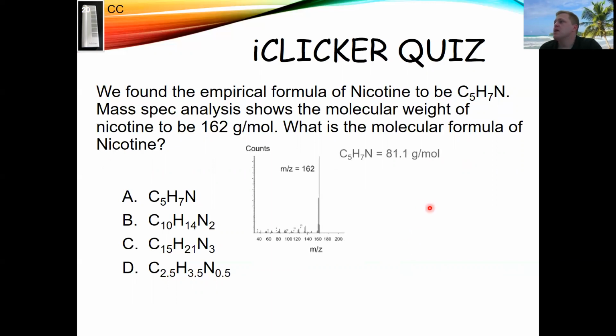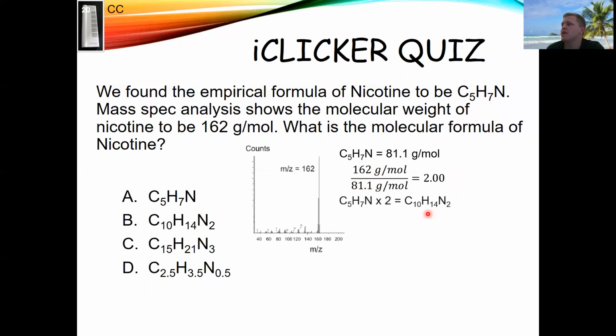Okay. First, we're going to have to calculate the mass of our empirical formula. So C5H7N weighs 81.1 grams per mole. If we divide 162, which is the mass we found from our mass spectrometry, by 81.1, that gives us a ratio of 2.